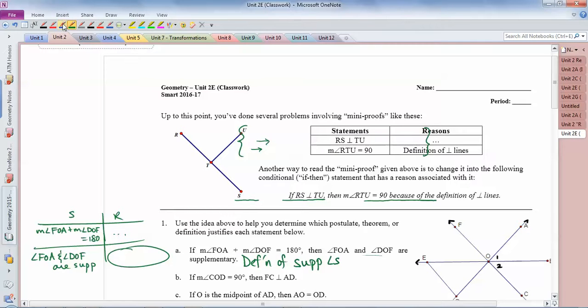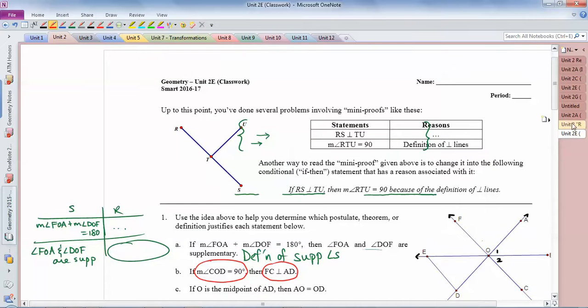So then the next one here says, if an angle is 90, then the lines that form it are perpendicular. And you can kind of look at the picture if you wanted. COD is right here. If this is 90, then this ought to be perpendicular to that. But we need a reason to go with it.